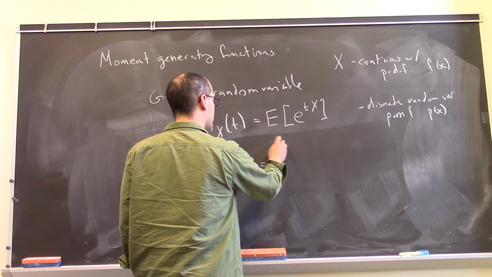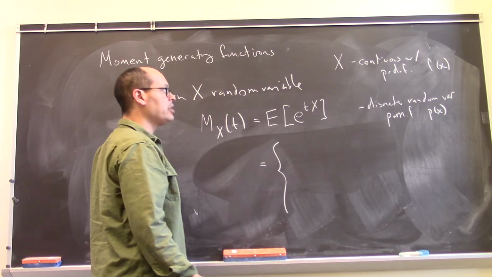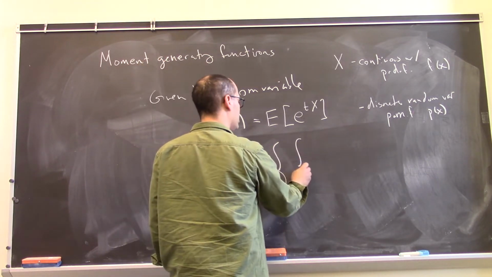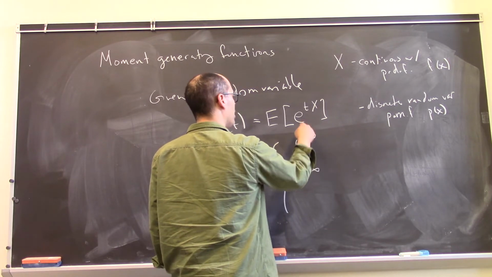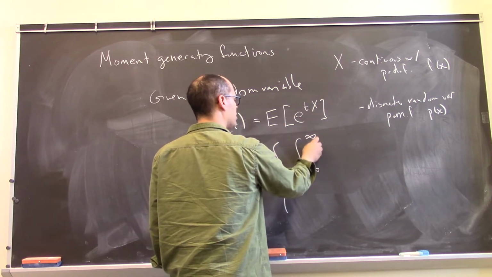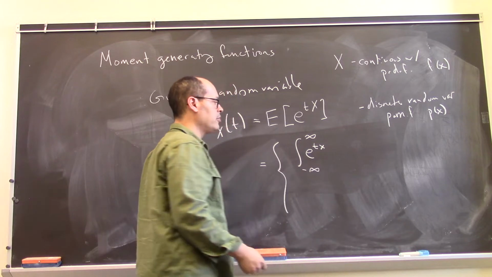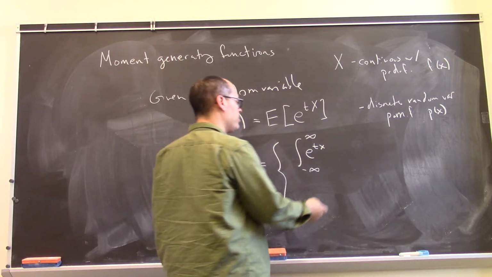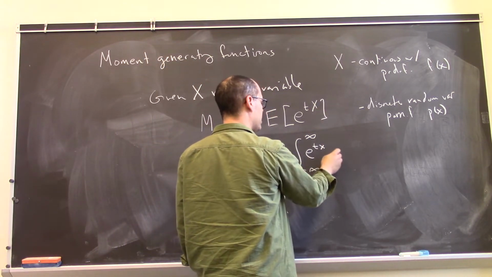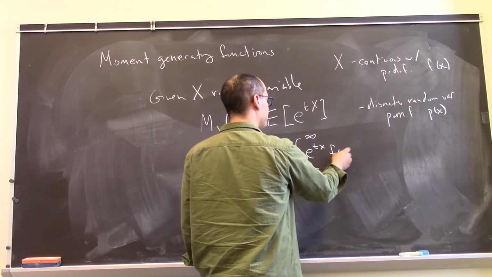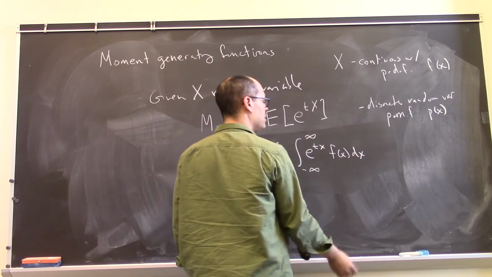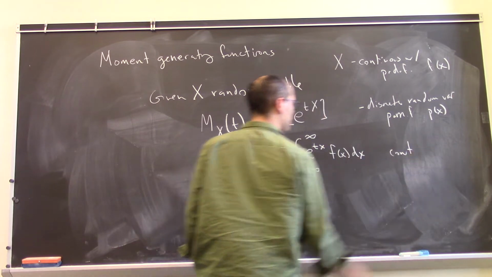So what is this equal to? Well, in the continuous case, this is the integral of the expression that we're looking at with x substituted for capital X, times the density function, dx. This is the continuous case.